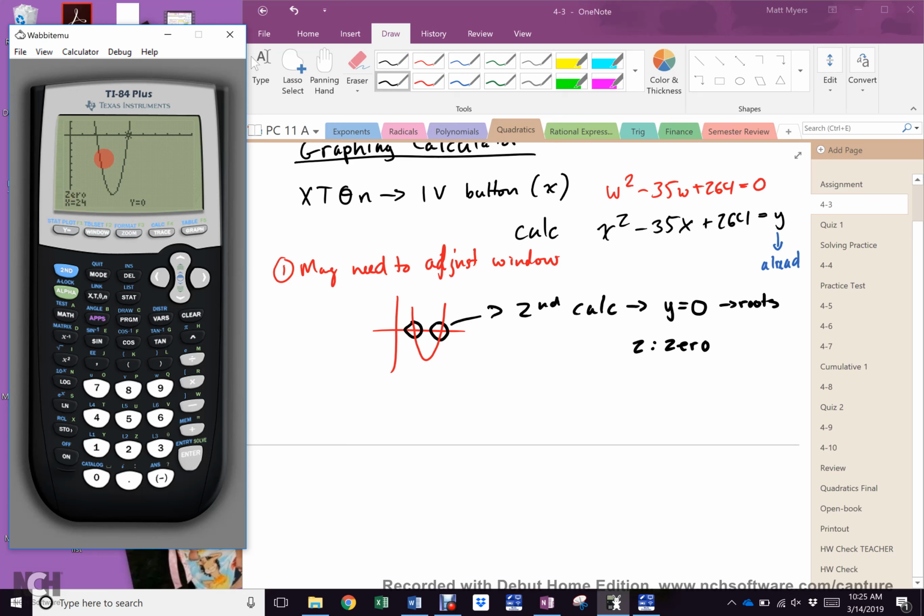Find it. So, on your own, second calc 0, and try to figure that one out. Go. And this is all recording, by the way.